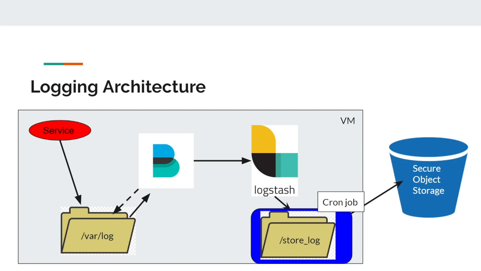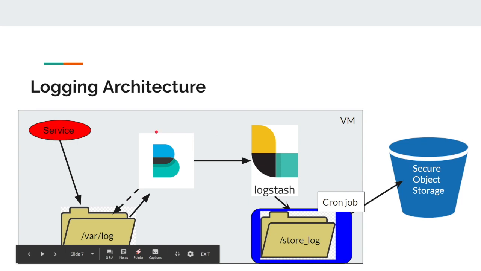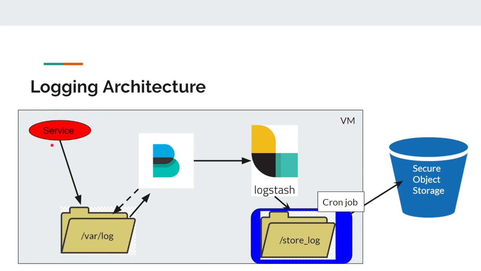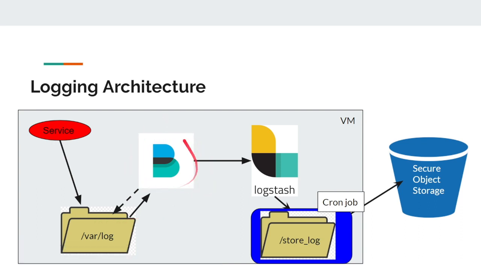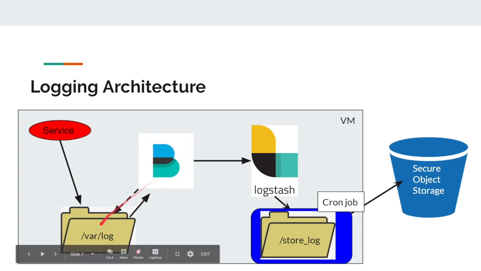Moving into the overall logging architecture that we've set up, you can see that we have a bunch of various services over here that are sending their logs, as well as the system, to the normal Linux log directory /var/log. Within this, part of the Elastic Stack, FileBeat, which is just a log forwarder I'll get into, reads logs from /var/log and forwards them onto Logstash, which is our log processor.